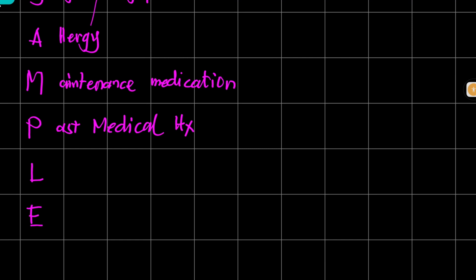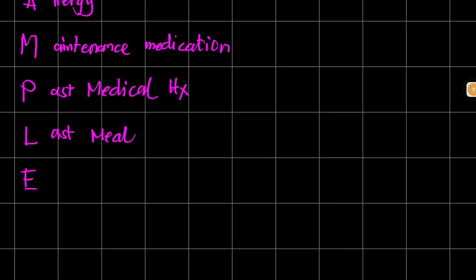Those are the information that is included in your past medical history. Ano pa? L stands for last meal. What was your last meal? What time and when? Okay? Paulit-ulit tayo. The time and what is the meal of your patient before this incident happened.